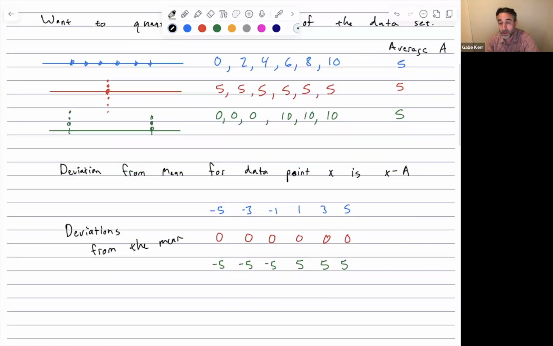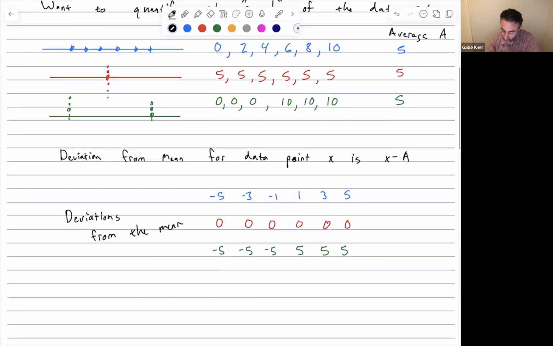We get a bunch of new numbers here. If averages give us a good sense of the middle of the numbers, we could ask what the averages of these are. However, the averages of these are always going to be 0, so that's maybe not what we want.